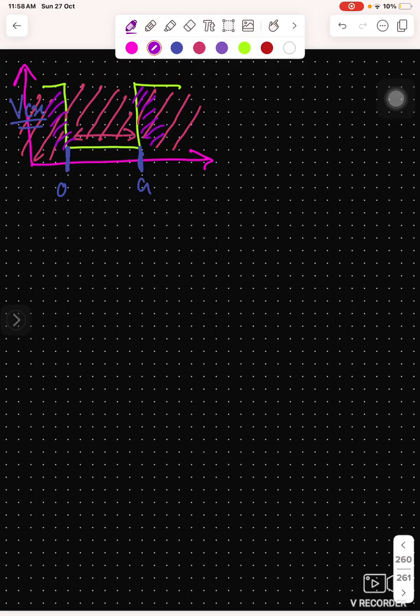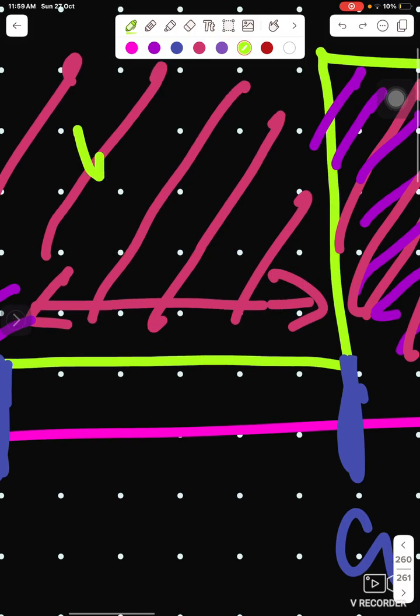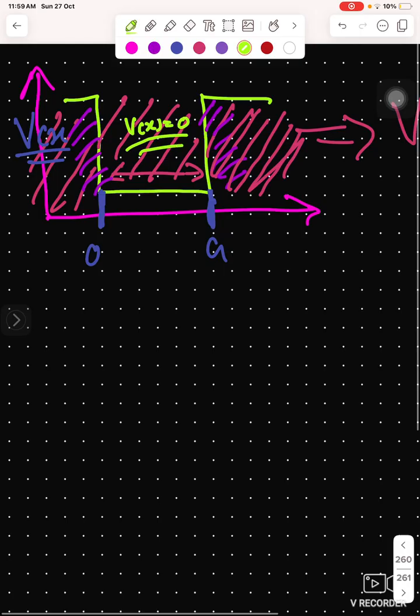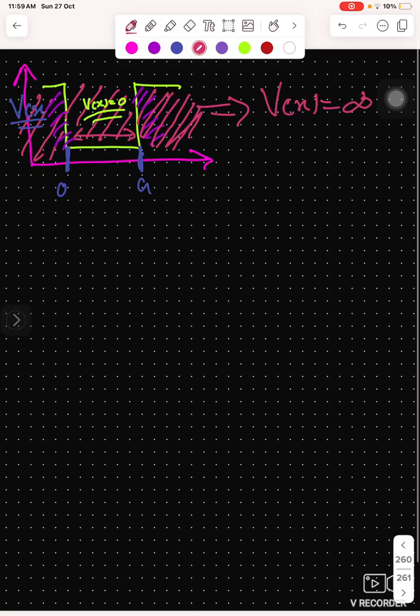So how could we do that? Know that in this region the potential difference is infinite. Both outside regions are infinite. In the closed barrier, the potential difference is 0. We want that because infinite means no existence, no particle.